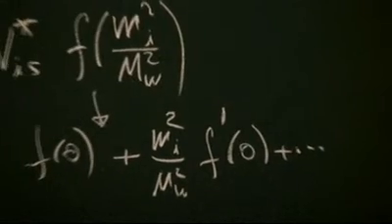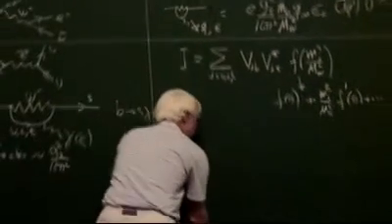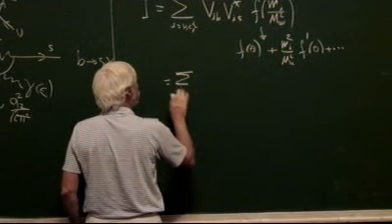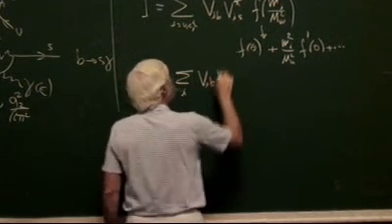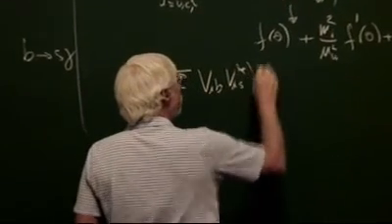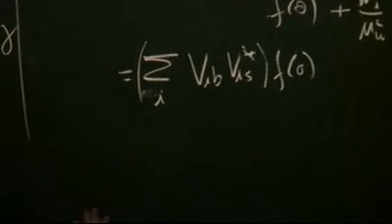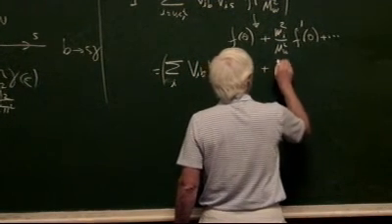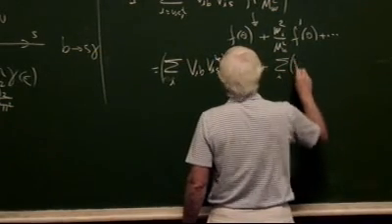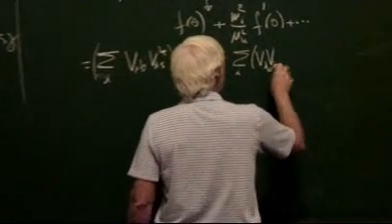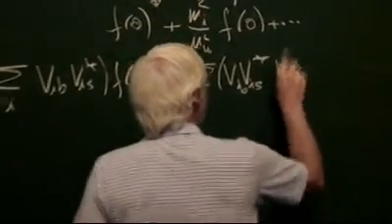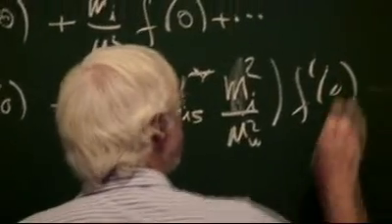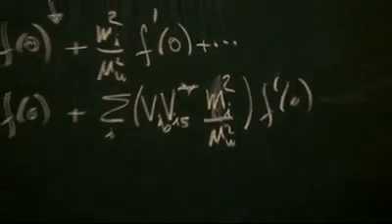Then the first term that I get here is the sum of V_ib V_is star, times f of 0, which I can factor out because it doesn't depend on the quark. Then the next term is still a sum of that form, V_ib V_is star, but now the quark mass stays inside the sum. I can factor out the f prime of 0, and so on.